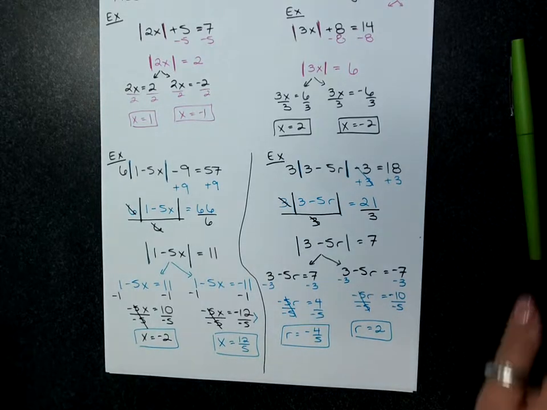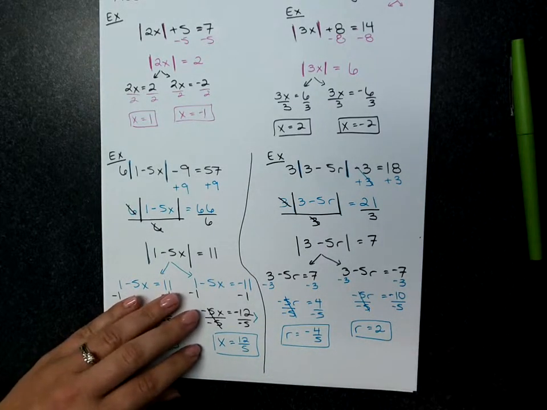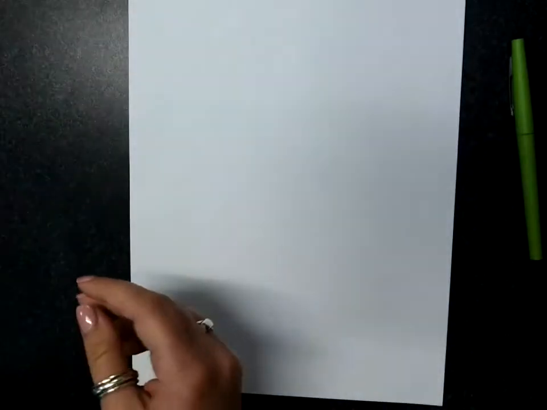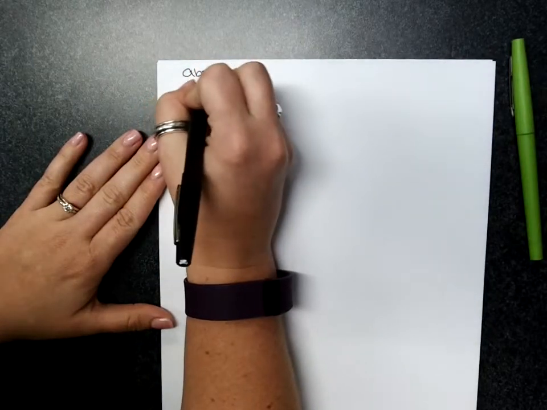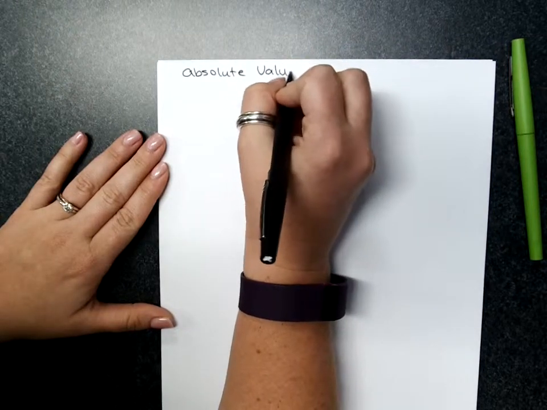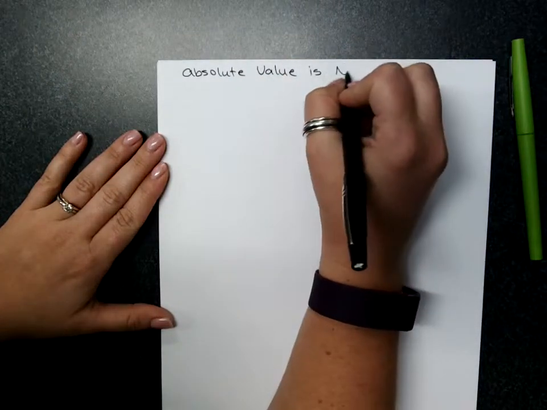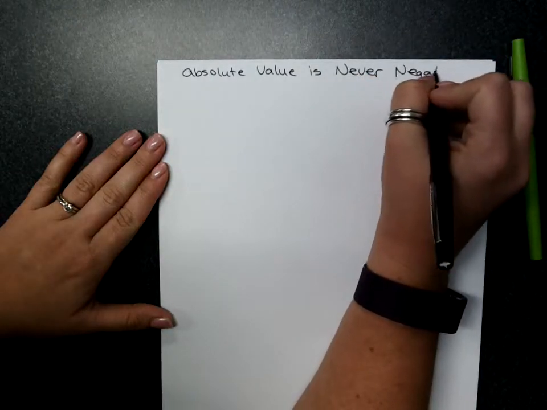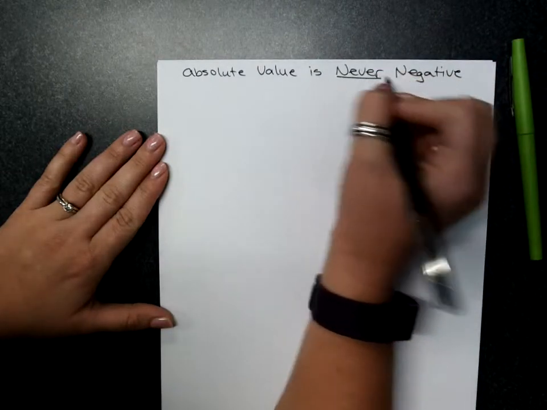There's one more thing I want to discuss. It's just kind of a side note. It's not that big of a deal, but I do want to mention it. Absolute value is never negative. Never negative.